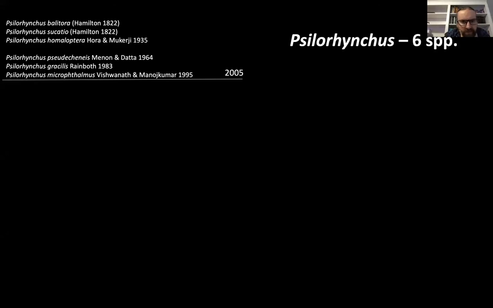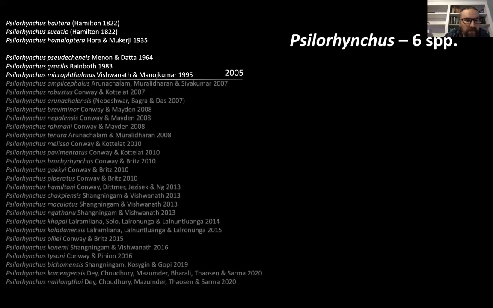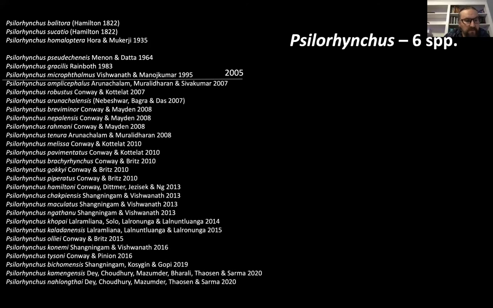So in 2005, when I started my dissertation research on Cyrenacus, there were only 6 described species. But in the last few years, the number of species within this genus has really skyrocketed, in my opinion. Even the last 2 species were described in 2020.